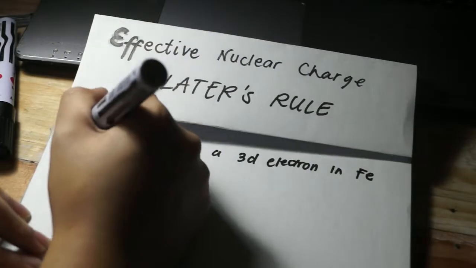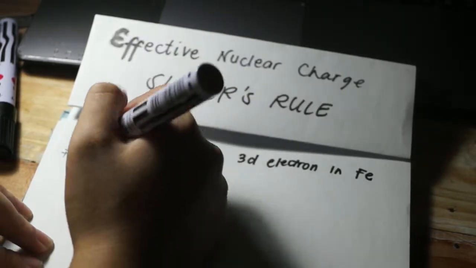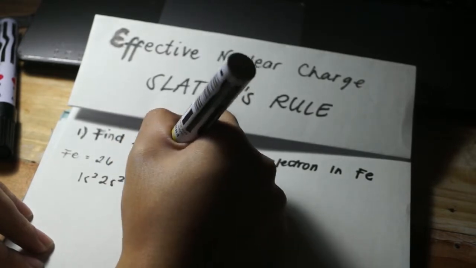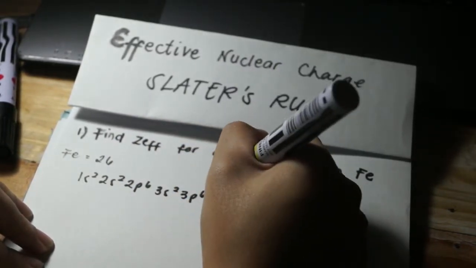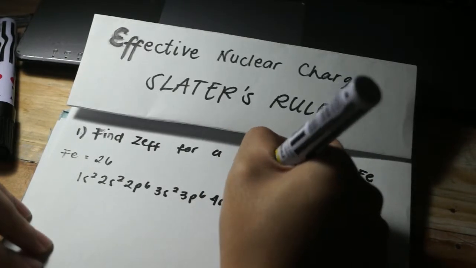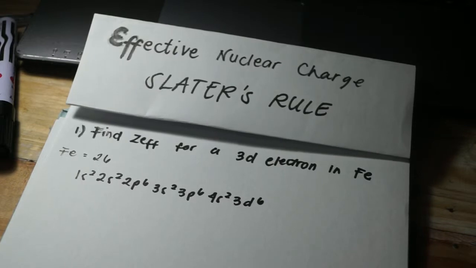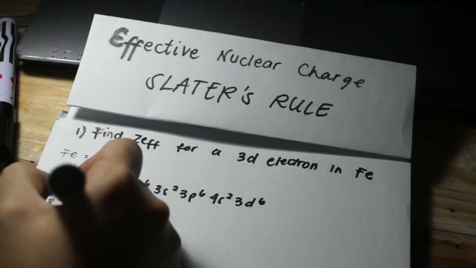An example. Find the effective nuclear charge for a 3d electron in Fe, or iron. Iron is element number 26. So the first step is write the electron configuration, which is 1s2, 2s2, 2p6, 3s2, 3p6, 4s2, and 3d6.